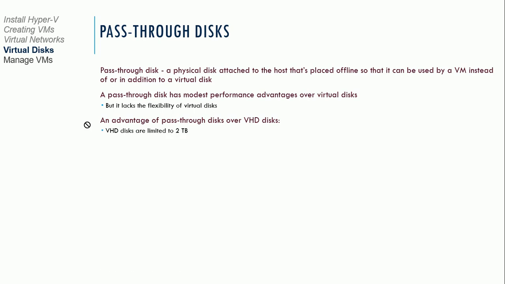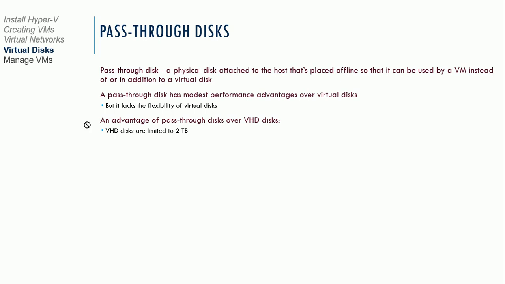So some of the advantages of pass-through over VHD. A VHD is limited to 2 terabytes, but when you use an actual disk, you don't have that limitation. So 2 terabytes is pretty big for a virtual machine, I think, for the operating system.